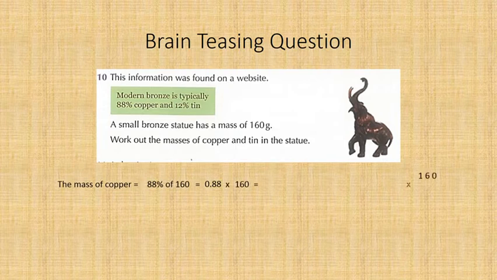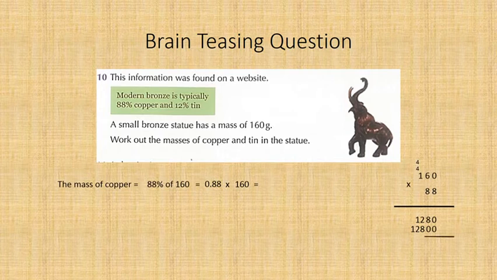Multiplying, ignoring the decimal point, it's going to be 160 times 88. 0 times 8 equals 0, 6 times 8 equals 48, so 8 and carry a 4, 1 times 8 equals 8 plus 4 equals 12. And after that, don't forget to put the 0 down. Then 0 times 8 is 0, 6 times 8 is 48, so 8 and carry a 4, 1 times 8 is 8 plus 4 equals 12.